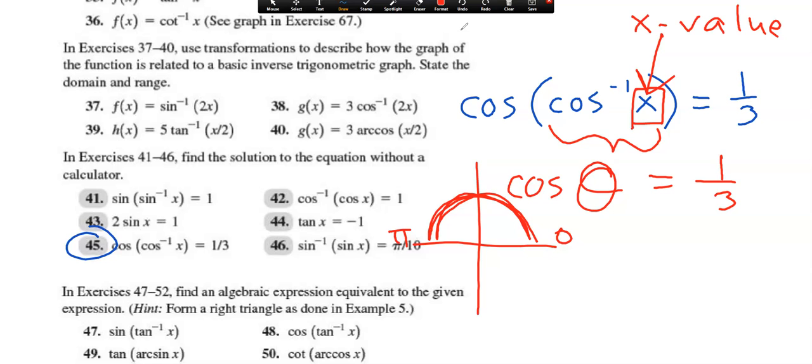What's the original x value that would spit out an x value of 1/3? 1/3, thank you very much. They gave you the answer. It wasn't as hard as I was thinking it was going to be at first. Yes, the answer was 1/3.